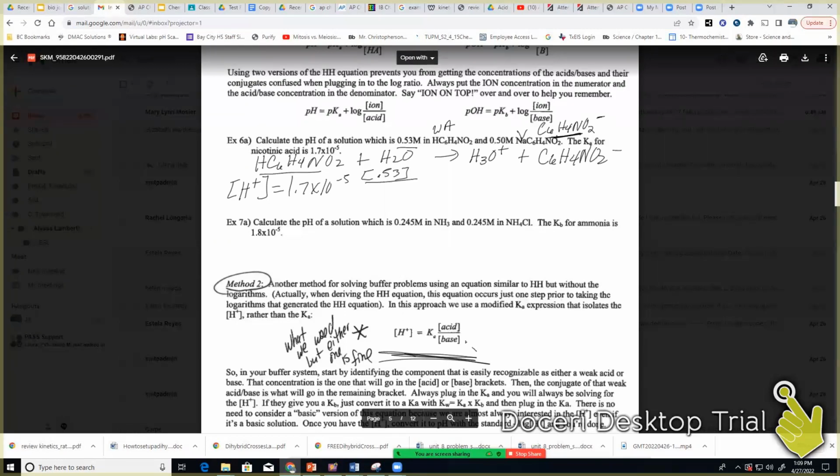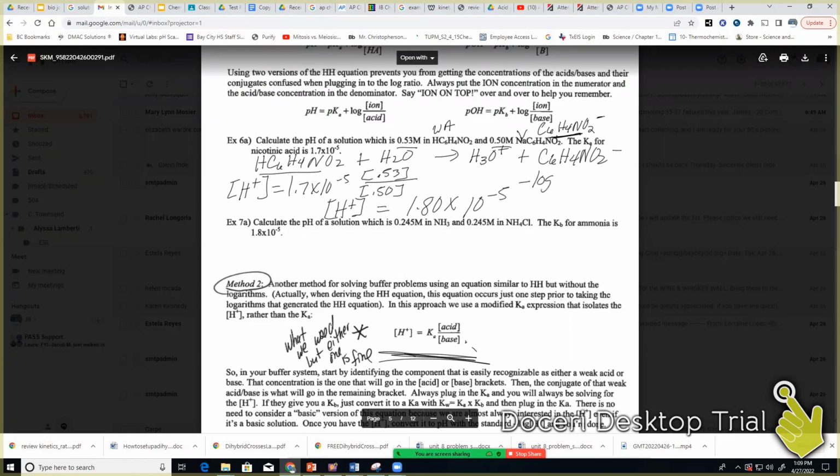And my base here is my conjugate base. So that is my 0.50. And then I think you can put all of that into your calculator. And I end up getting an H plus concentration, which is equal to 1.80 times 10 to the negative fifth.